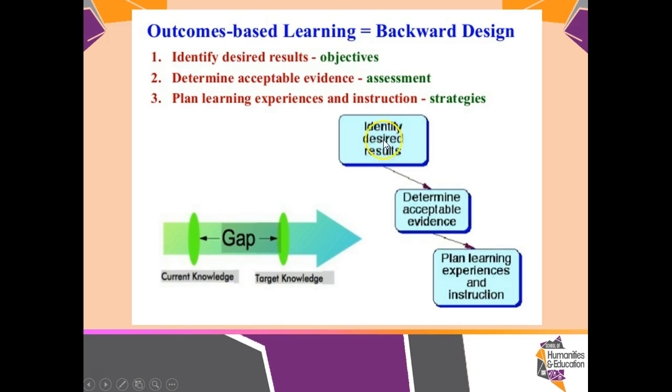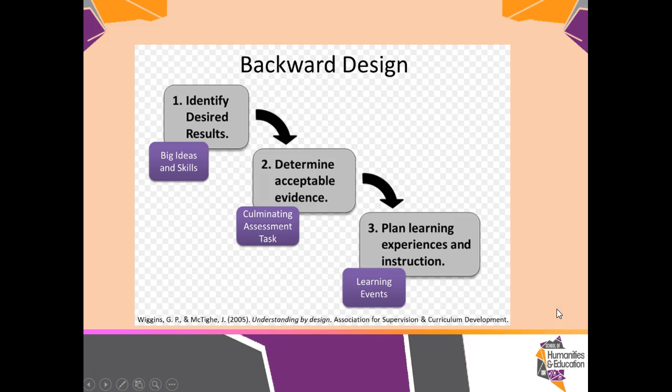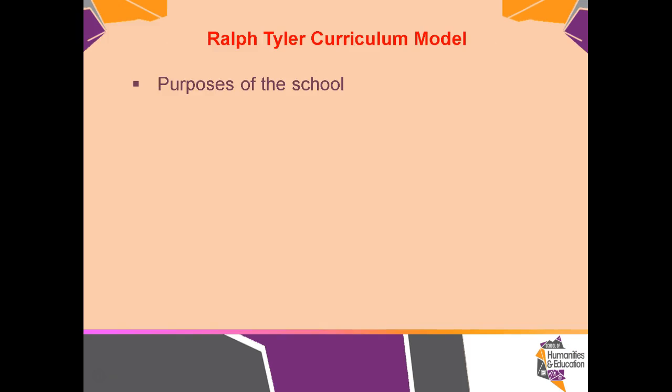In the backward design here, you identify desired results, you determine acceptable evidence, and you plan learning experiences and instruction. And this is another diagram showing the same backward design. You start with a big idea and skills, accumulating assessment tasks, and then the learning events.